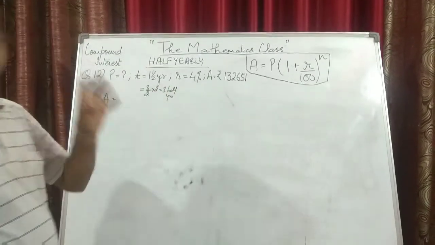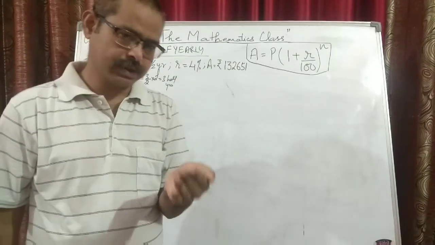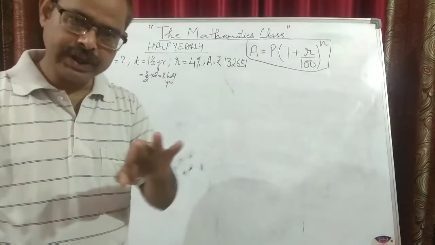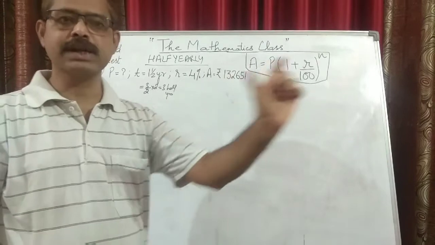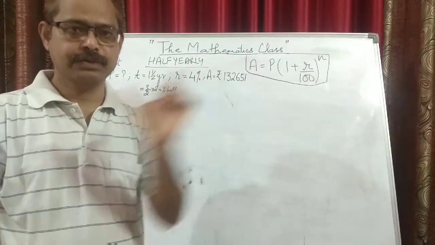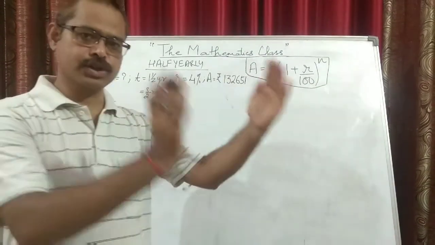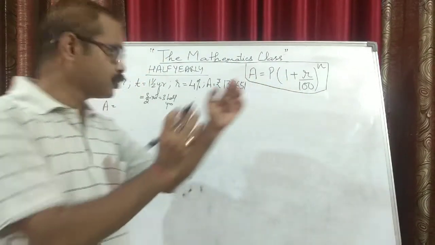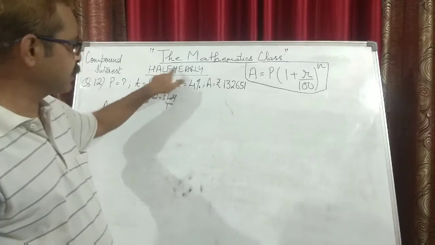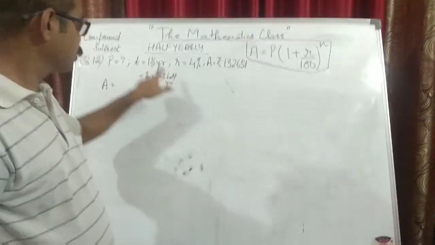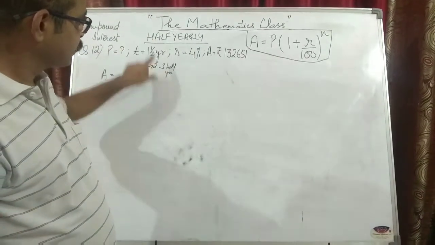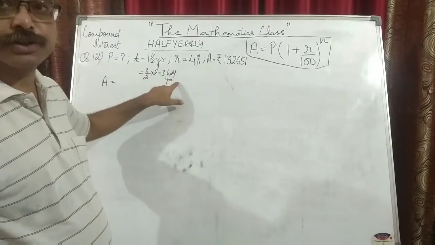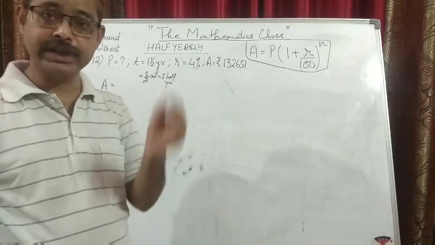I hope you understand. In 1.5 years, there are 3 six-month time periods. 3 six-month slots. First 6 months, second 6 months and third 6 months. So since the rate of interest is calculated half yearly, time will become 3 half years, means N will be considered as 3.